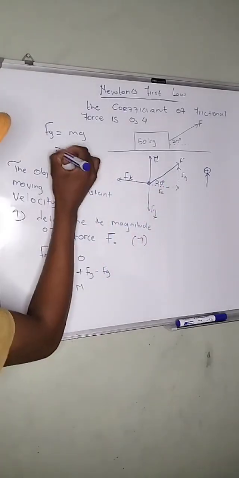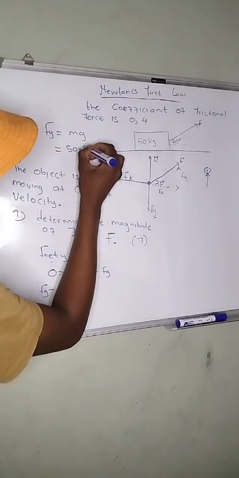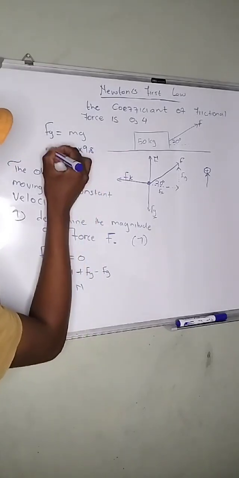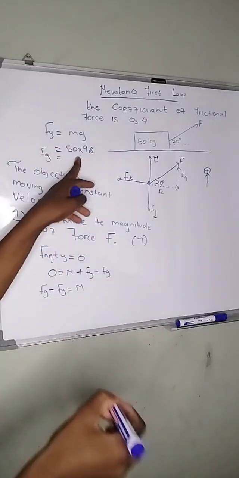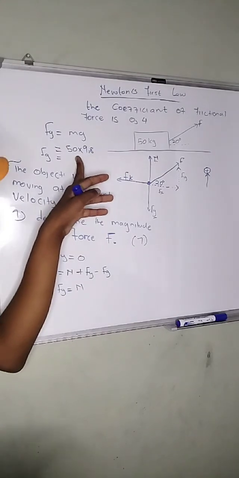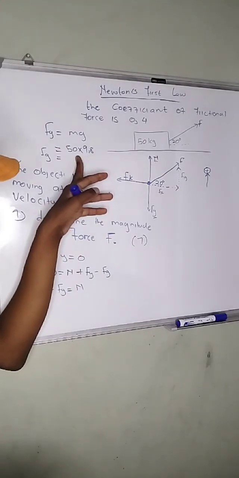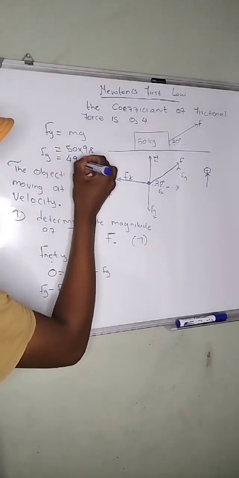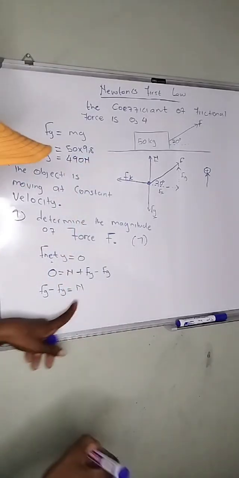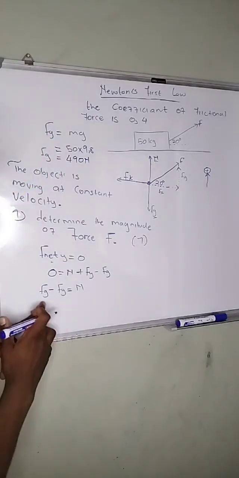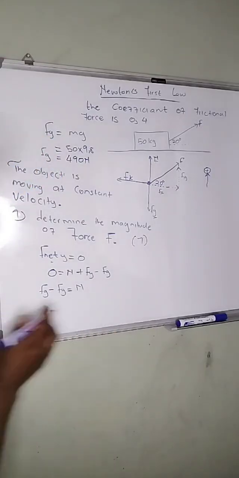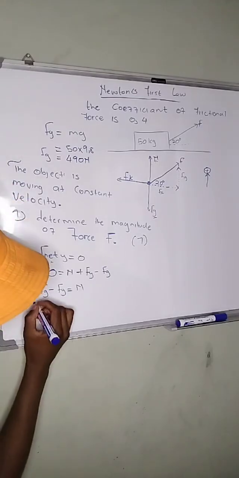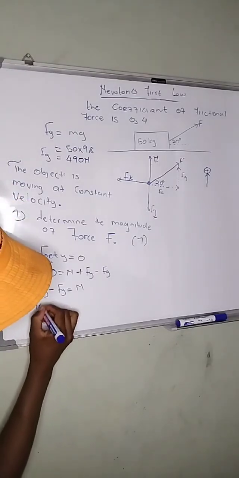So it's 50 times 9.8, which is going to be how much? It's going to be 490 newtons.